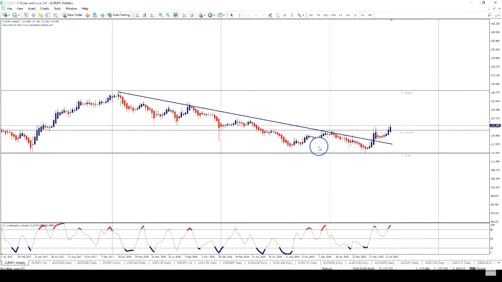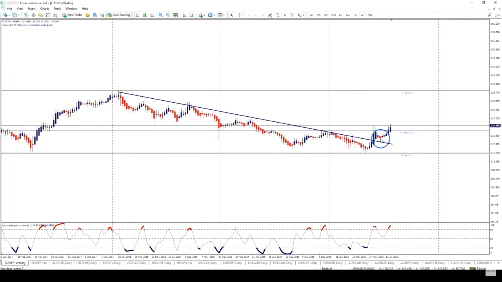Now, what happened after that? Well, in 2020, price bounced off this level, came up, and retraced back to the breach level. Once it broke this level of resistance, it came back and retested this level. Well, the level's a little bit higher, but it retested this level right here, resistance turned into support. And now it's bouncing off this level.